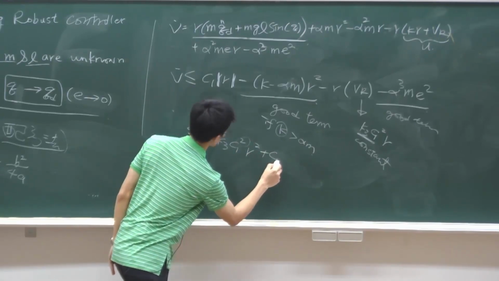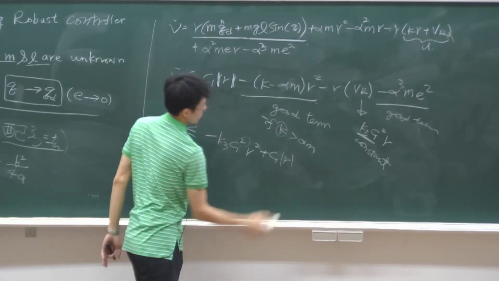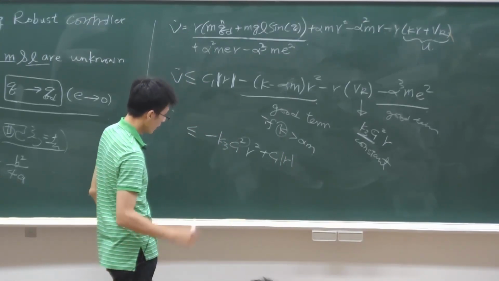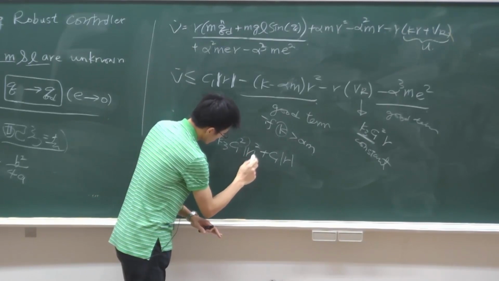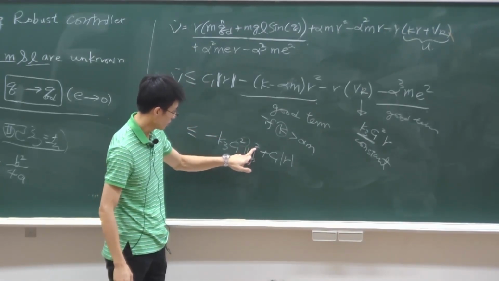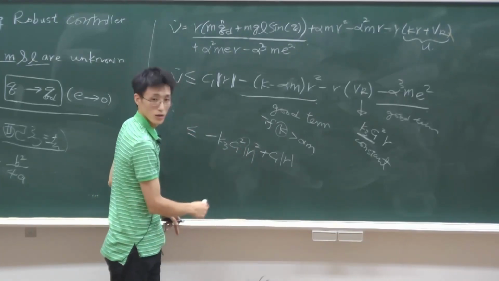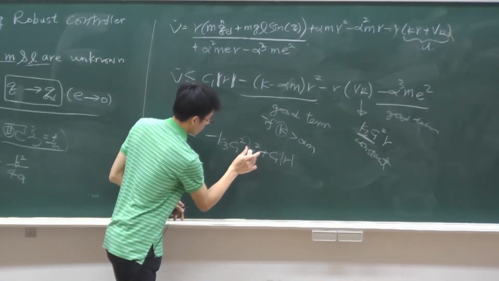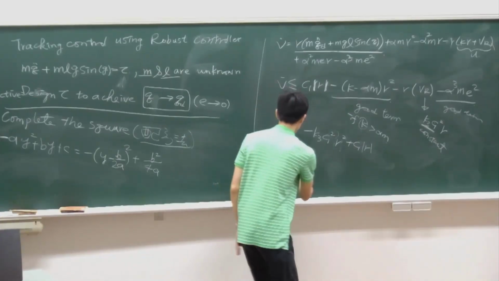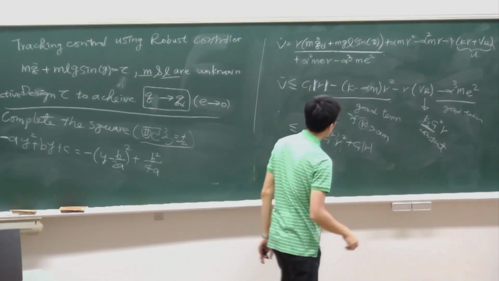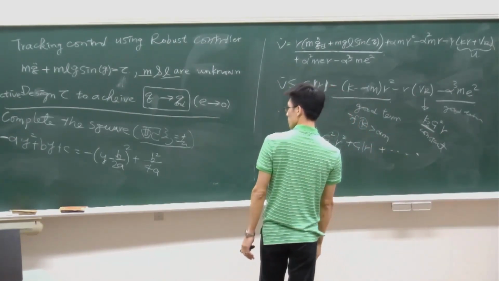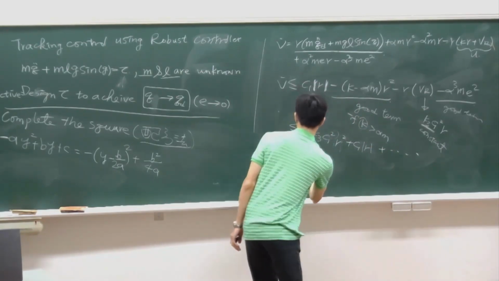And you can consider that the absolute value of r squared is equal to r squared. And use that, you can get minus.